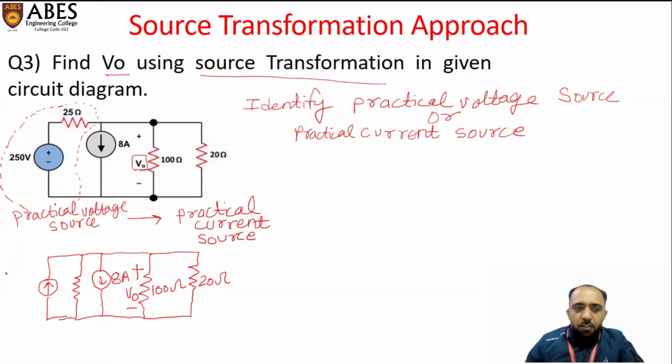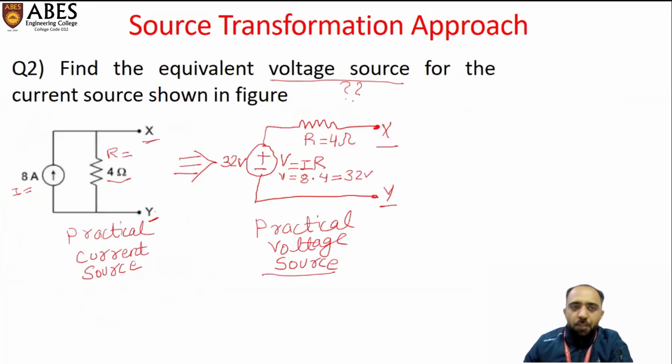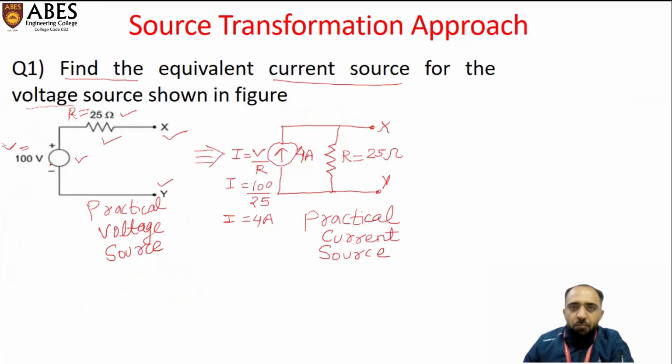So I need to write first of all this current I, as we did in the last two questions, how to convert both the voltage source or current source into each other and vice versa.